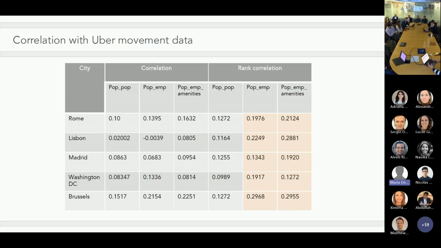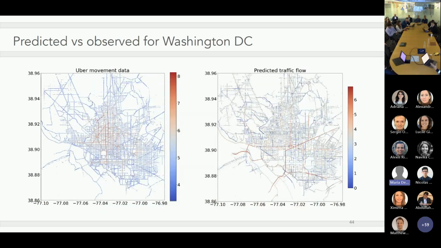And I think what we would like to understand is what is going on, what are we comparing against in the Uber Movement data, and what are we picking up in our simulation. So if you look at the map on the left, it's a visual representation of the real world Uber Movement data that we have, and on the right is our predicted results.